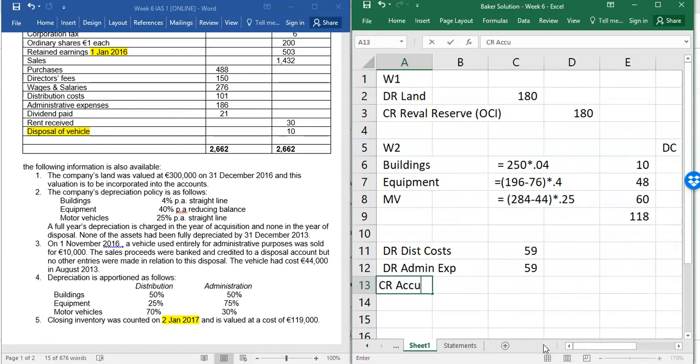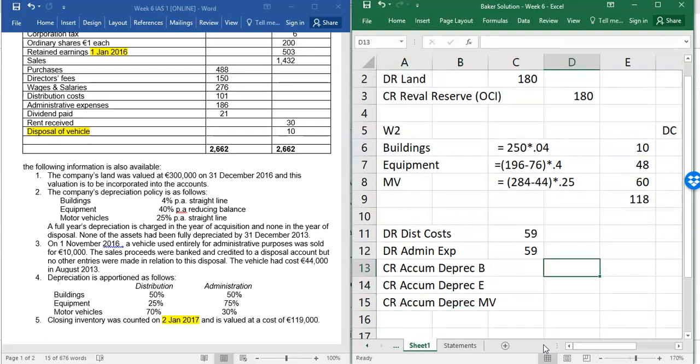Then you credit accumulated depreciation, buildings, credit accumulated depreciation, I'll just put that for equipment, E, and then credit accumulated depreciation for motor vehicles. So we can't really add those together because they're 3 separate items, and we're going to have to look at them separately. 10, 48, and 60. So you have 118 on the debit side, and you have 118 on the credit side.